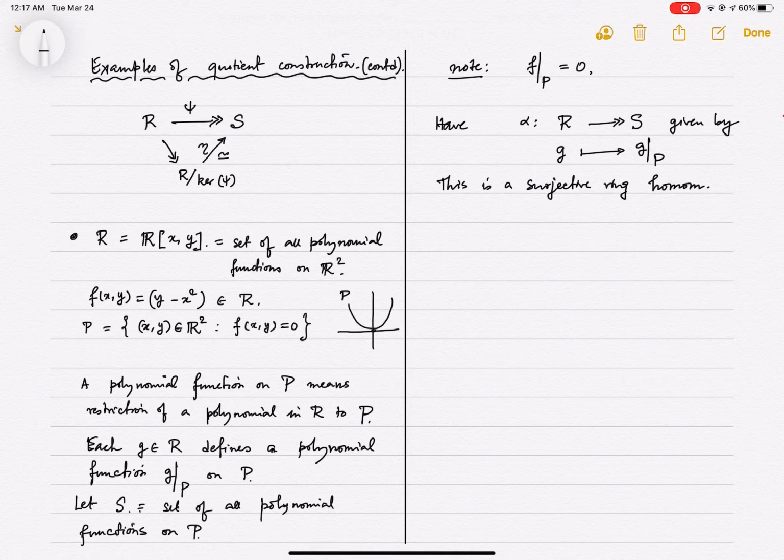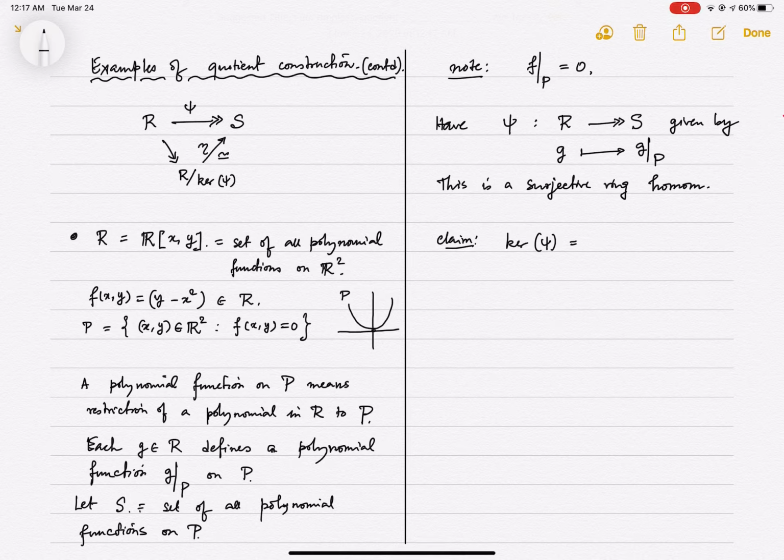I don't know why I called it alpha. Maybe I should call it psi, to have my setup ready for the first isomorphism theorem. So we have this surjective ring homomorphism psi from R to S. What is the kernel?